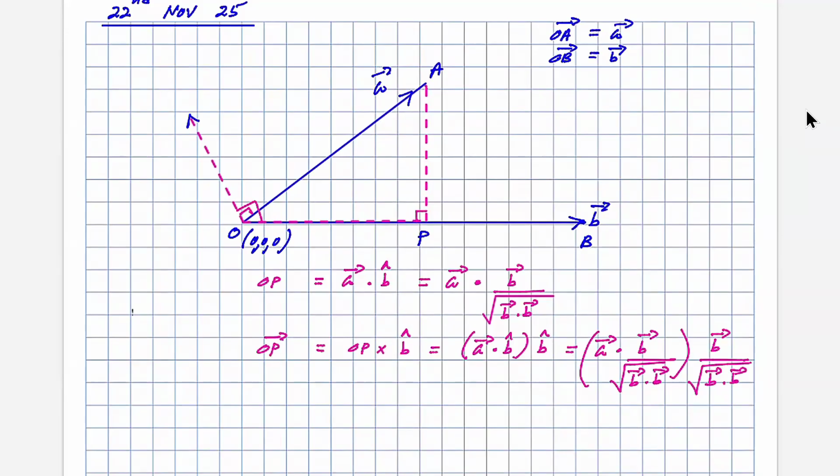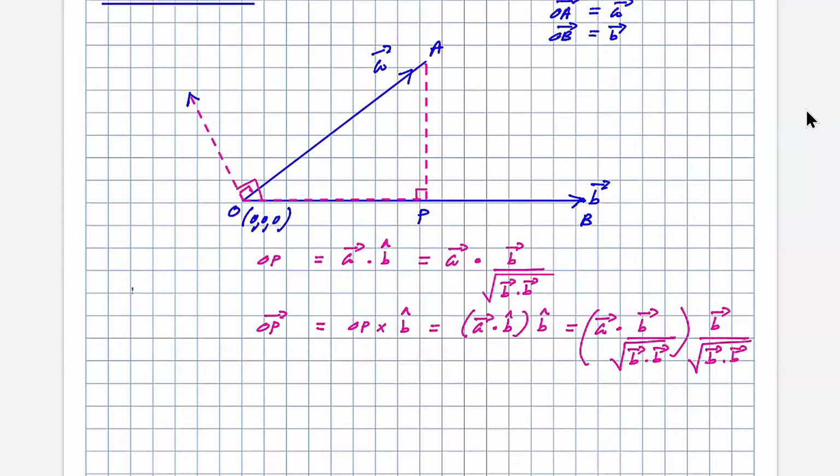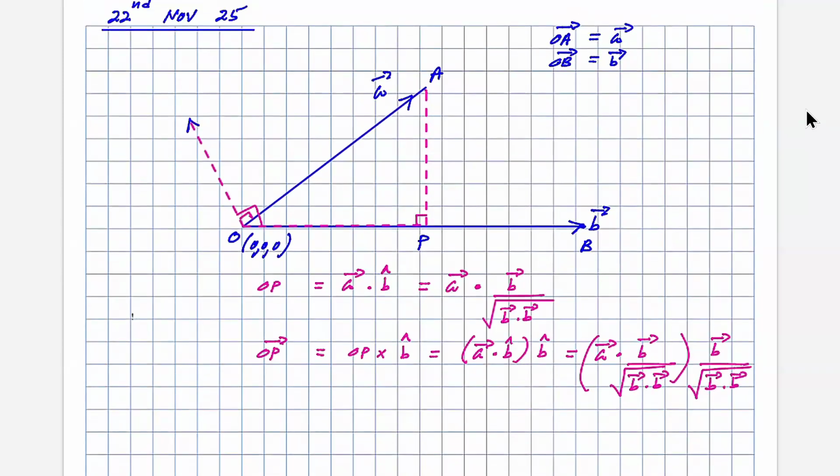Now, this is called the scalar resolute, and this guy is called the vector resolute.